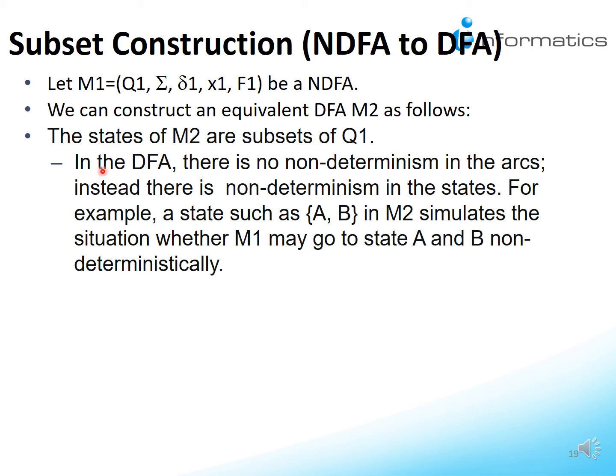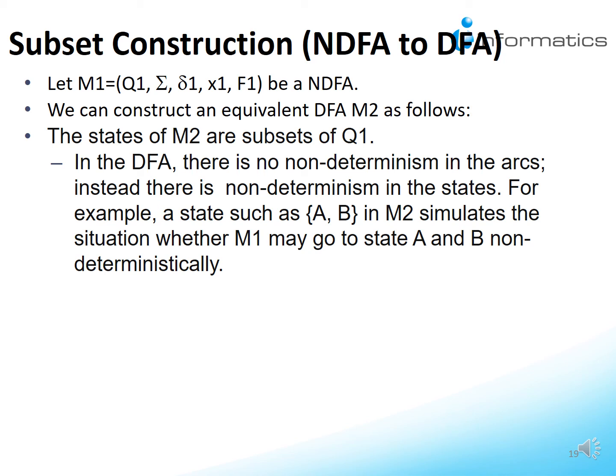In the deterministic finite automaton, there is no more non-determinism in the state transition, which means the state transition will be deterministic. Instead, the non-determinism is captured by the states.